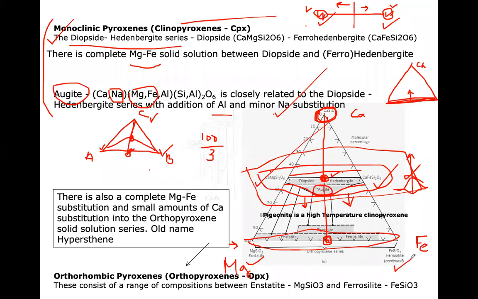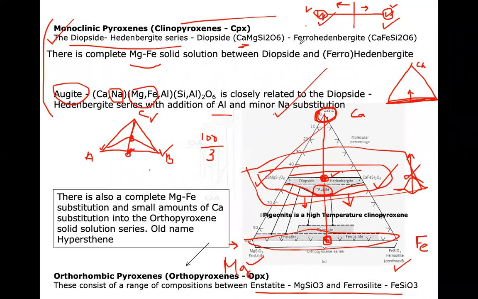Enstatite and ferrosilite is another series, which are purely magnesium and iron rich, with no calcium component. Unlike hedenbergite, where you had calcium also in addition to magnesium, and sometimes it is referred to as ferrohedenbergite also, diopside and hedenbergite.